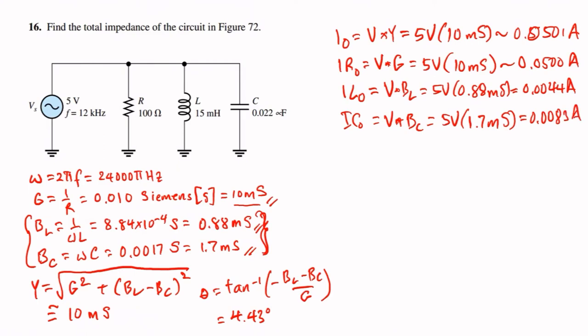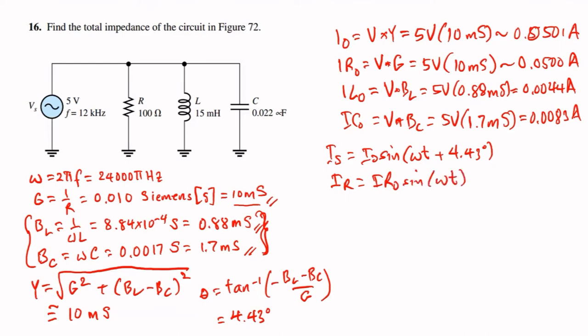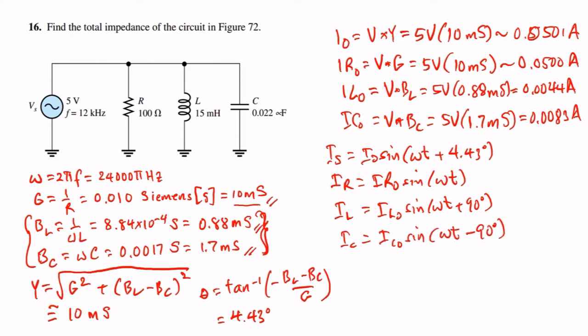Okay, so we can make a plot of the source current, equal to this expression, which includes the phase angle, and the plot for the resistor current, which is equal to this expression. We assume that the phase angle is relative to the resistance. I_L is equal to I_L naught sine of omega t plus 90 degrees, and then I_C is equal to I_C naught sine of omega t minus 90 degrees.